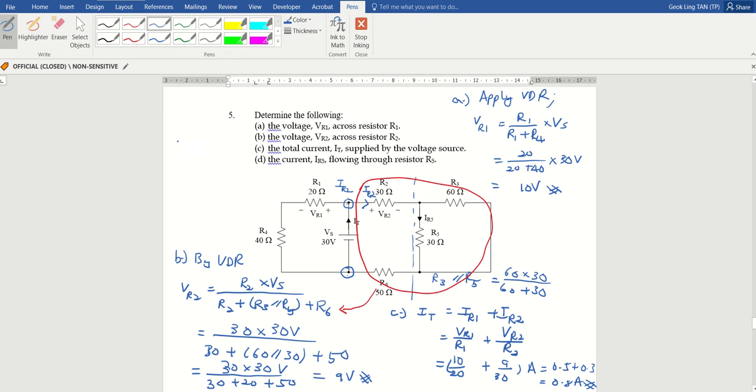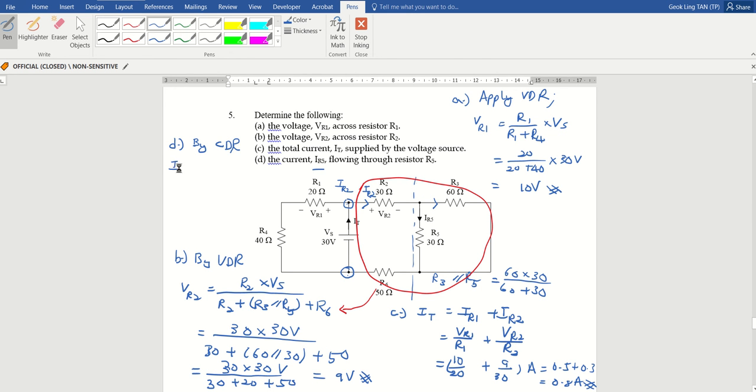So part D, to find the current IR5. IR5 is here. So again, IR2 will split to here, IR3 and IR5. So with that, you know you can apply CDR. CDR is used for parallel circuit, right, to find the current in the individual loop.